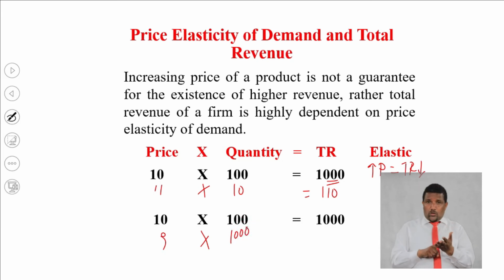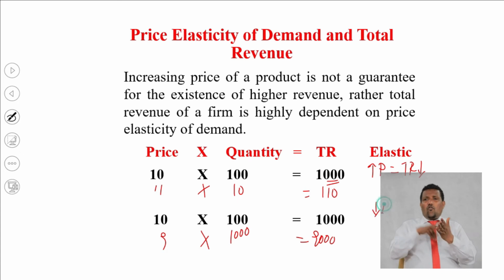Then 9 times 1000 is 9000. As a result, if the buyer is elastic, with the fall in the price of a commodity, the total revenue of the firm will increase. From this, we can understand that if the buyer is elastic, with an increase in price, total revenue will decline, and with a fall in price, total revenue will increase.